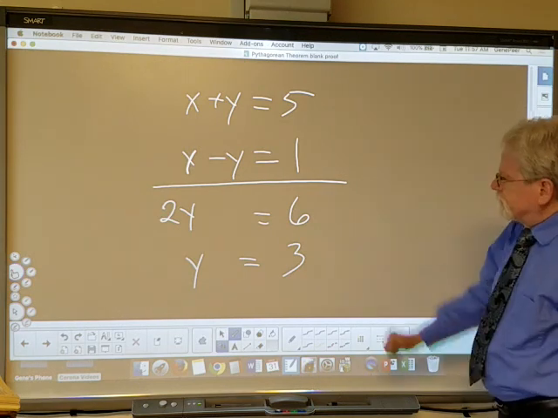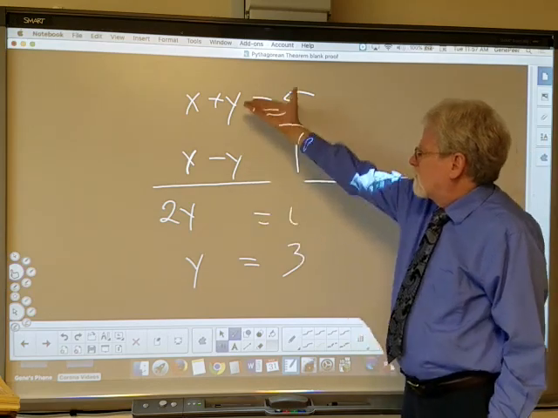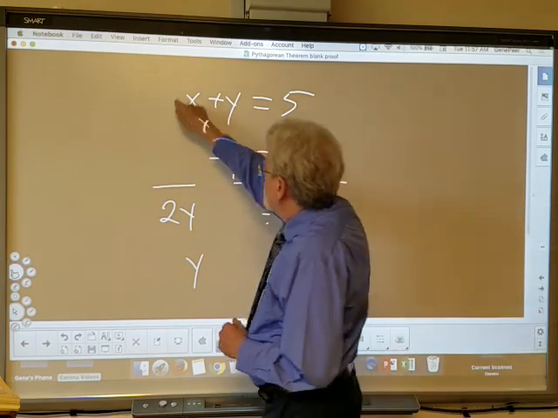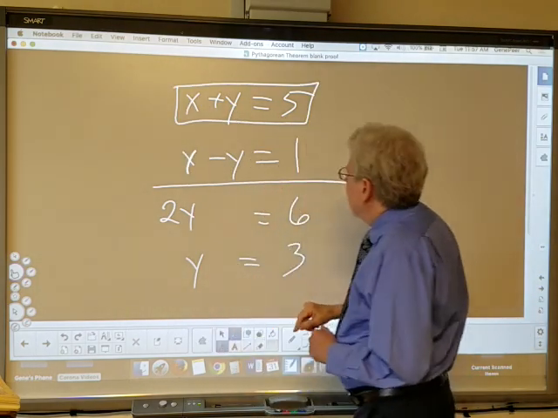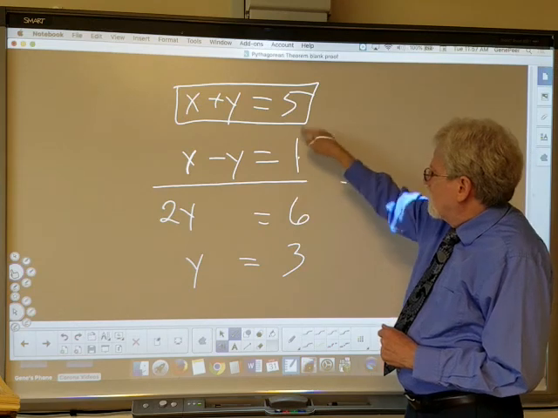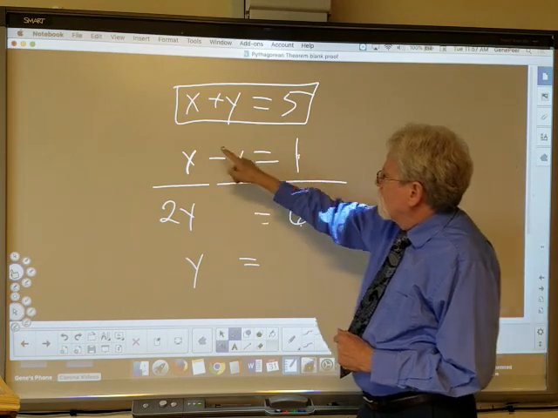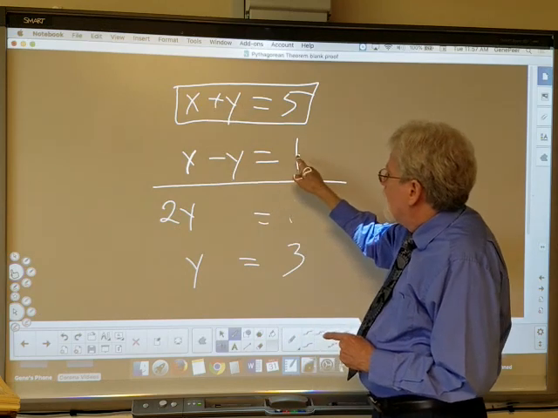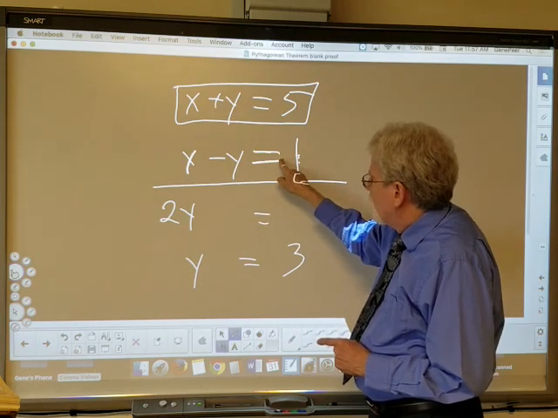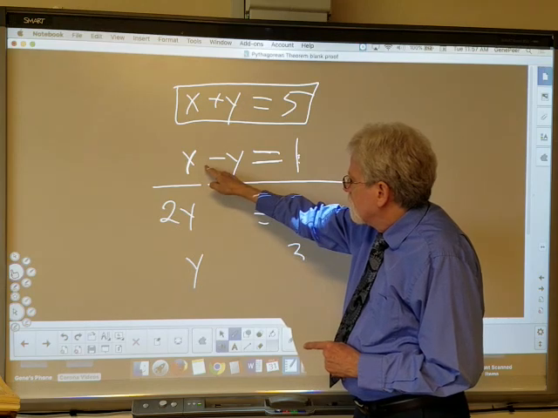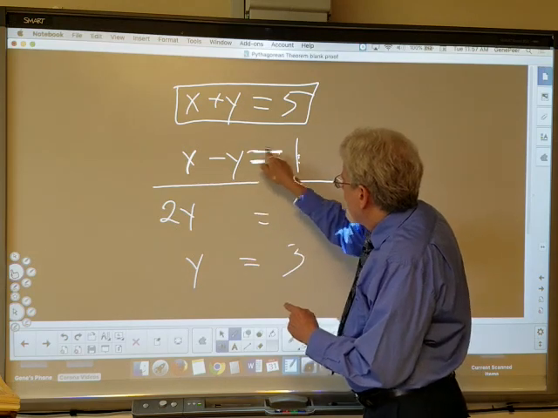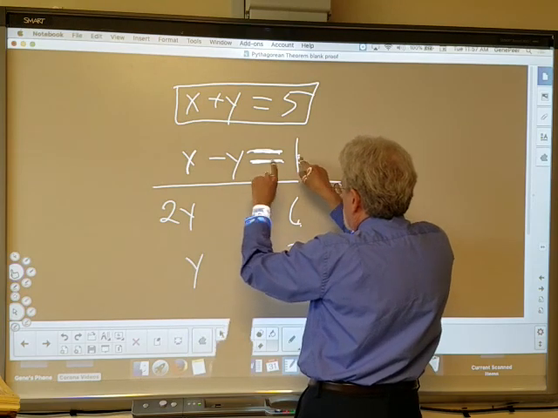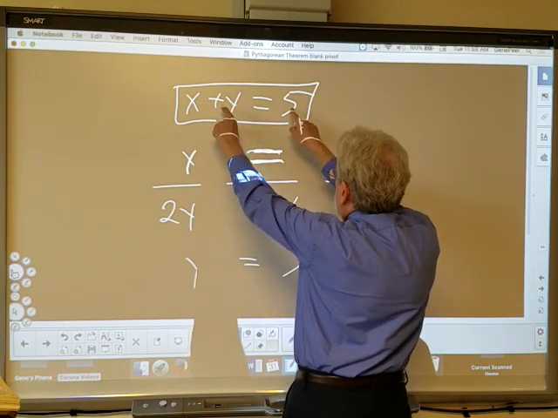Why do I mention that? Because why is it legal for us to add equations? Well, what I'm really doing is taking this equation and adding 1 to both sides. But on this side, I'm going to add another name for 1. What's another name for 1? Right here. 1 is also known as x minus y. So I'm really adding the same thing, because these are the same, to both sides of that equation.